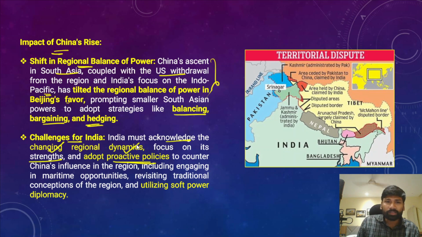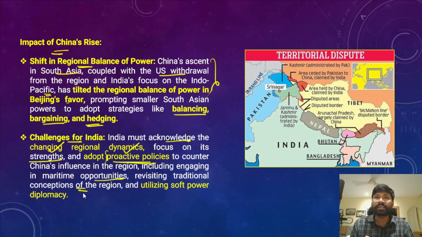Therefore, we must adopt proactive policies, including engaging the maritime opportunities. We regularly conduct maritime exercises with different countries, strengthen our security forces, especially the naval forces, and revisit the traditional conceptions of the region.